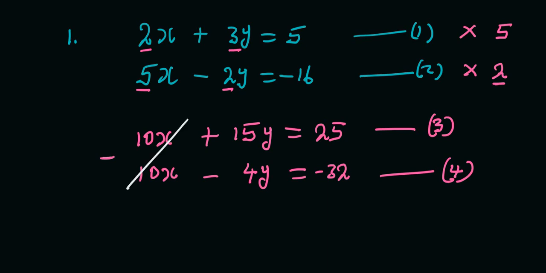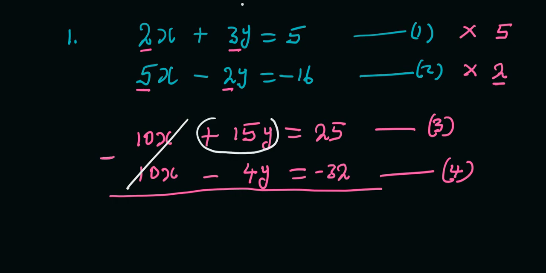So we can now draw a line over here, and then plus 15y minus negative 4y. Now take note of this: the plus sign belongs to the 15y, and the negative sign here also belongs to the 4y.